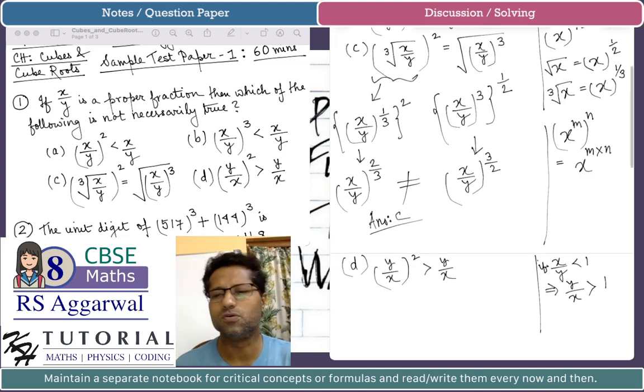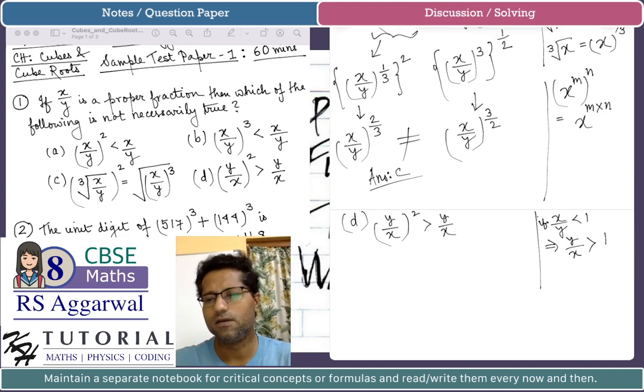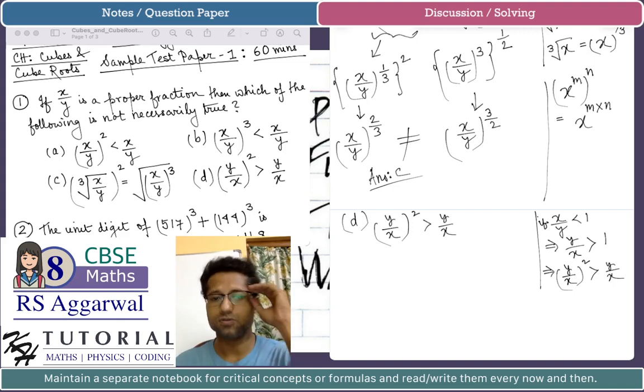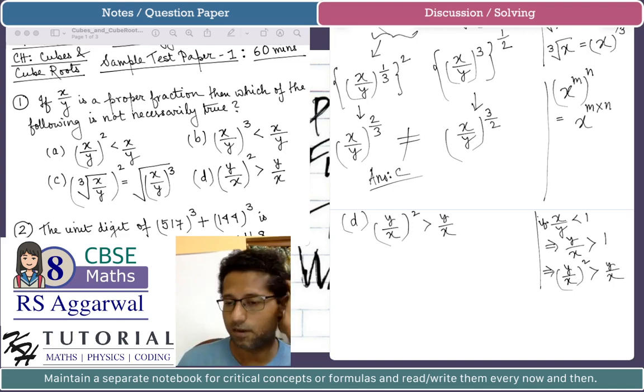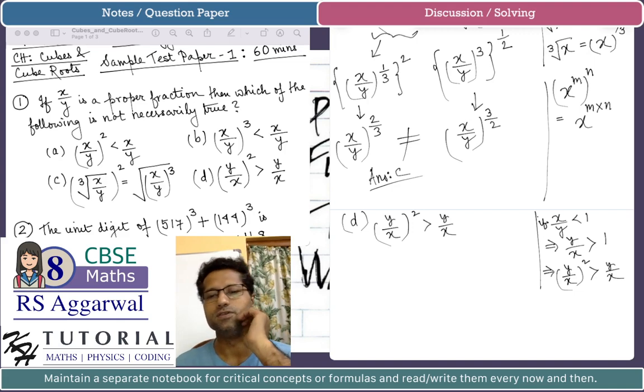Now if y by x is greater than 1, then (y by x) whole square will be greater than y by x. This is also a property which is always true.